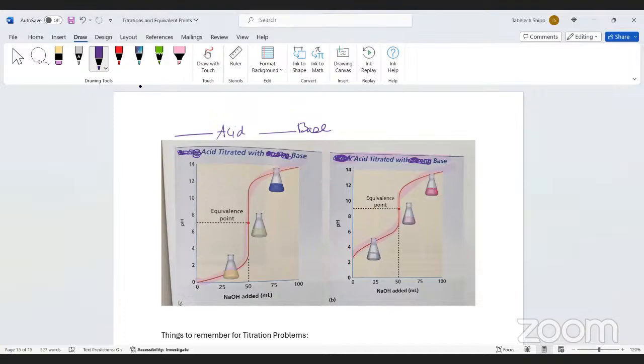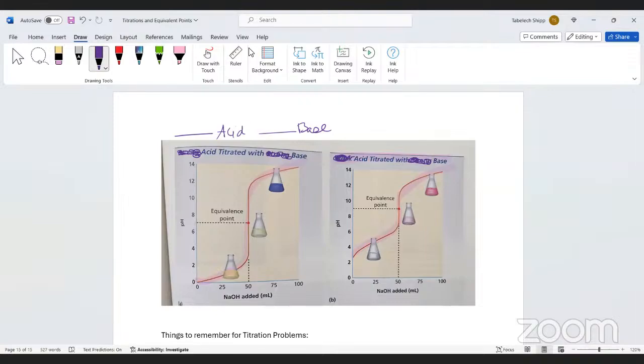Okay, gotcha. So I always tell students, if you are doing problems of this nature, and you're trying to figure out which one is more acidic, look at the calculated pH also, okay?